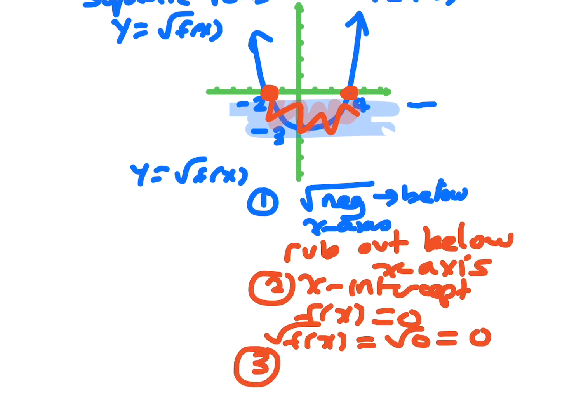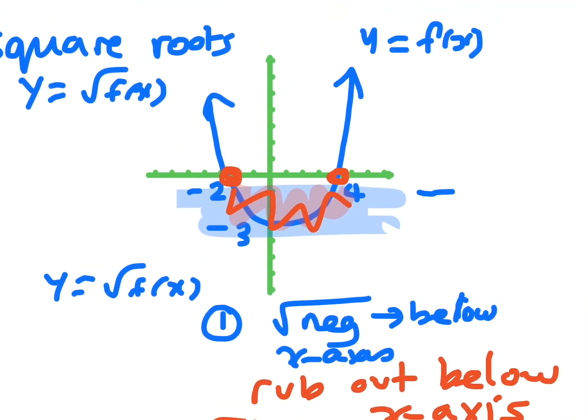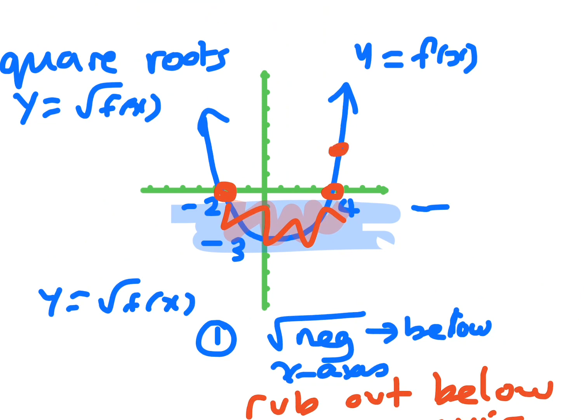The third thing is, what happens to the curve that's above the axis? When f of x is above the x-axis, what happens there? I want you to have a think about this curve. If you're looking at where y equals 1, I know it's a little bit higher, but when you square root 1, you get 1.